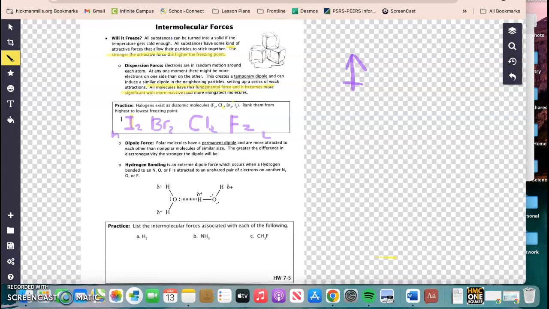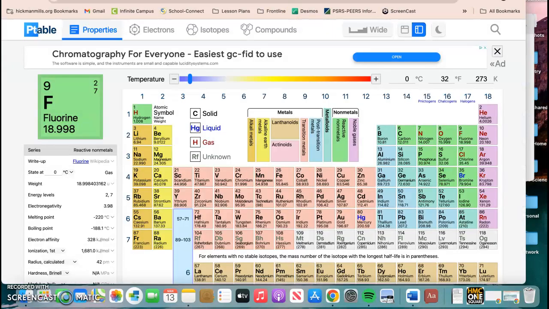If we were to look at our periodic table, we have electronegativities for elements on here. Another way to think about it is that the further the atoms are from each other, the stronger or the more electronegative that is.